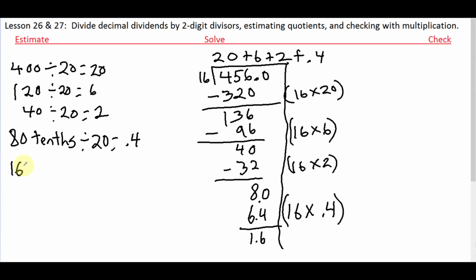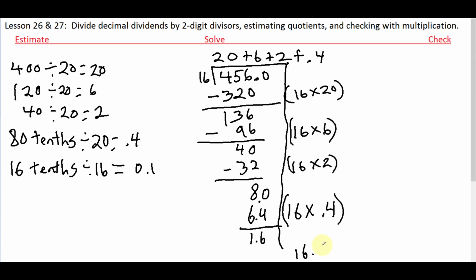Since we know 16 tenths divided by 16 is going to have something to do with a 1, we're just going to go ahead and finish that up and realize 16 tenths divided by 16 is 1 tenth.